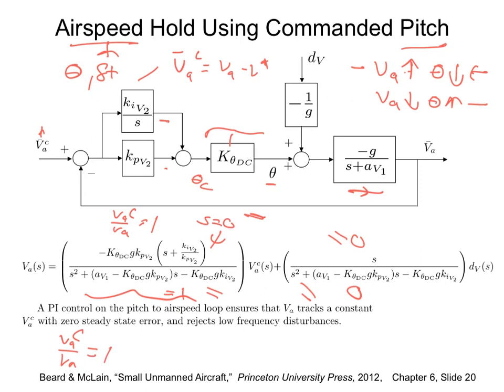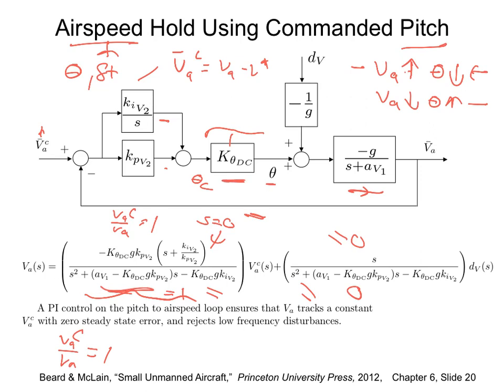So that means good. We can go to a commanded airspeed by changing theta and reject the disturbance. Then for the gains, we can just compare the coefficients with the desired characteristic.